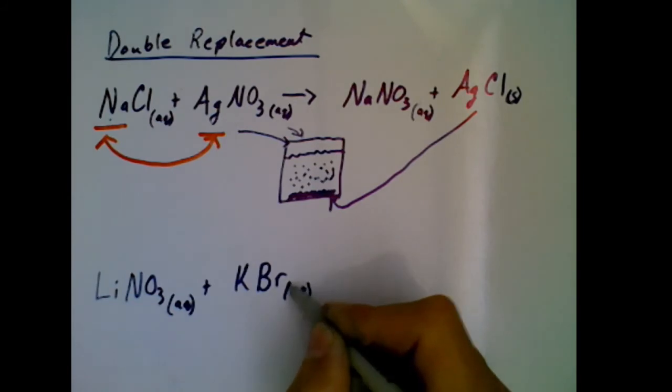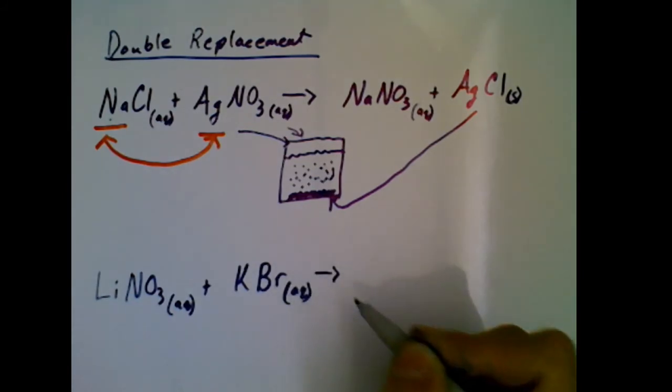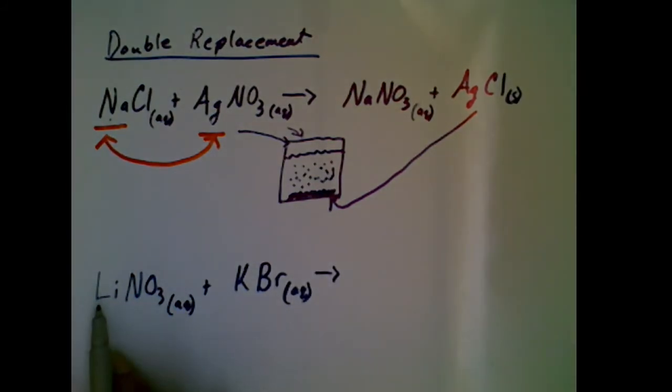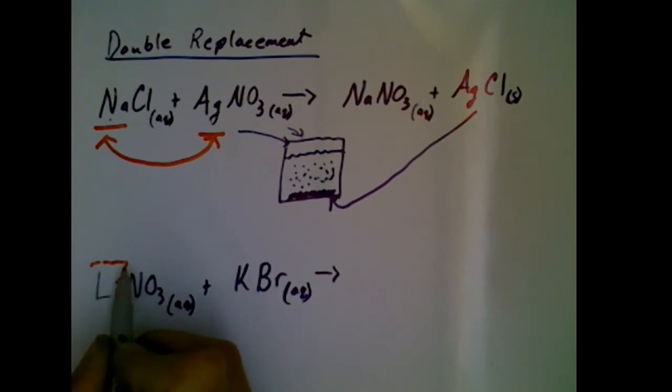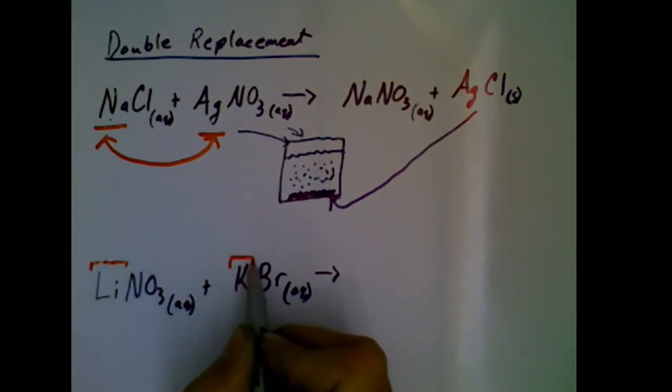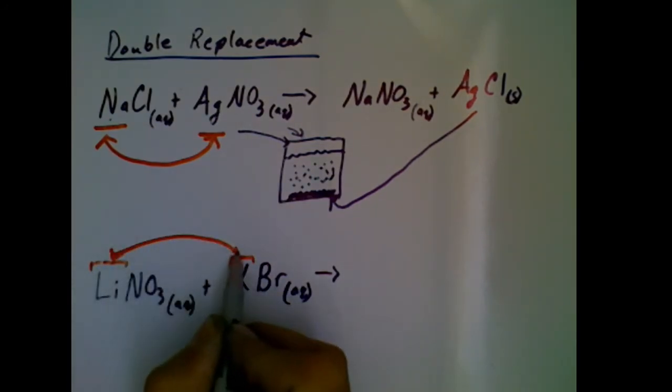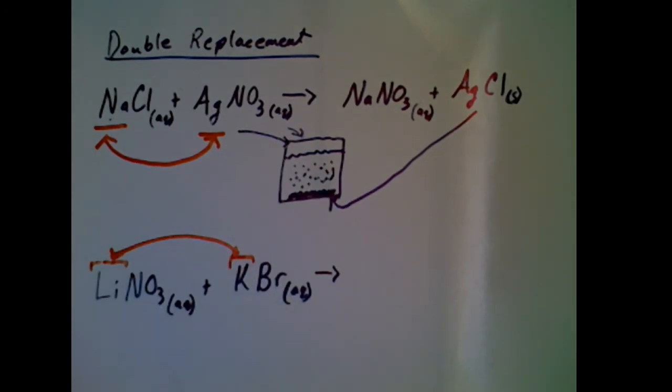Since those are the reactants, they're both going to be aqueous. Then, because it's double replacement, we're going to swap our positive ions here. So we're going to take the Li right here, and we're going to take the K right here, and they are going to switch what they are bonded with.